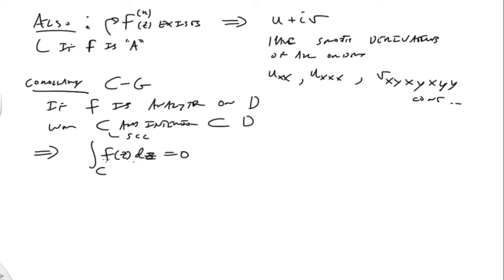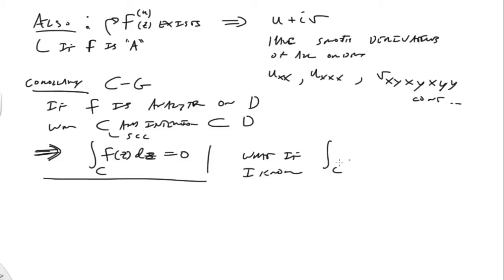The question then is, this implication goes one way, but what about the other way around? What if I know that the integral of f of z on any closed contour in its domain is 0 for all simple closed contours?